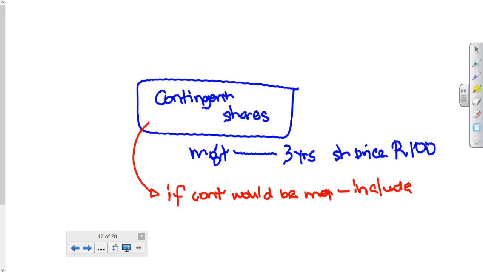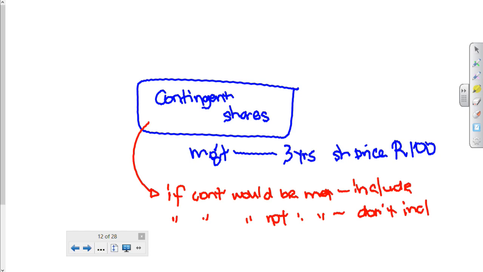If the contingency would not be met, I don't include it. If the next year end comes, and the share price has dropped to 90 Rand, then I don't include it. Because I'm at year end, I'm saying, would there have been extra shares at this year end? And the answer would be no, isn't it?